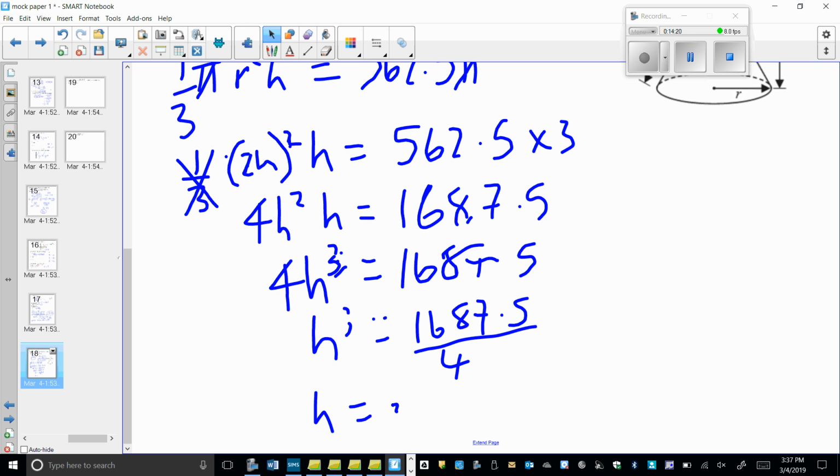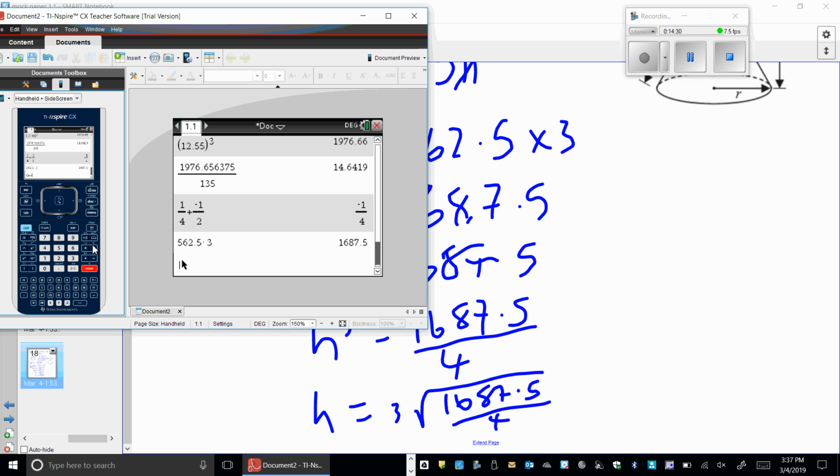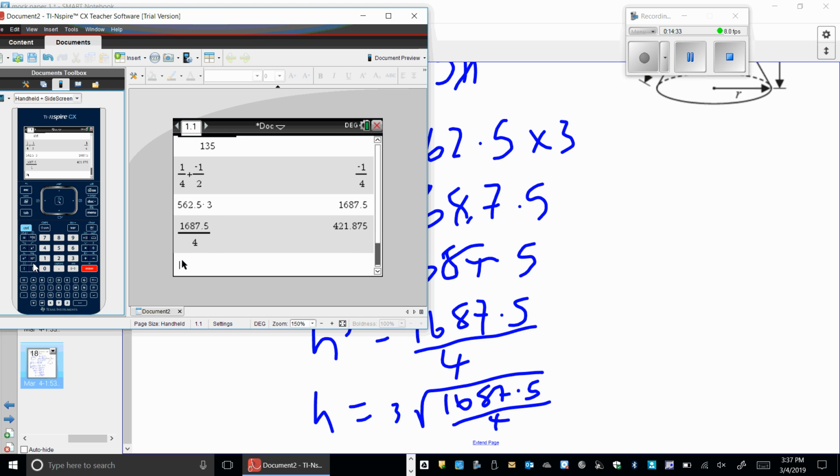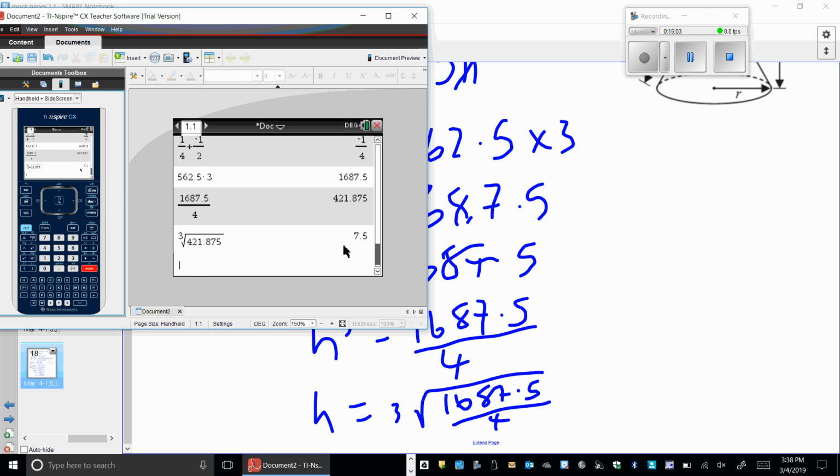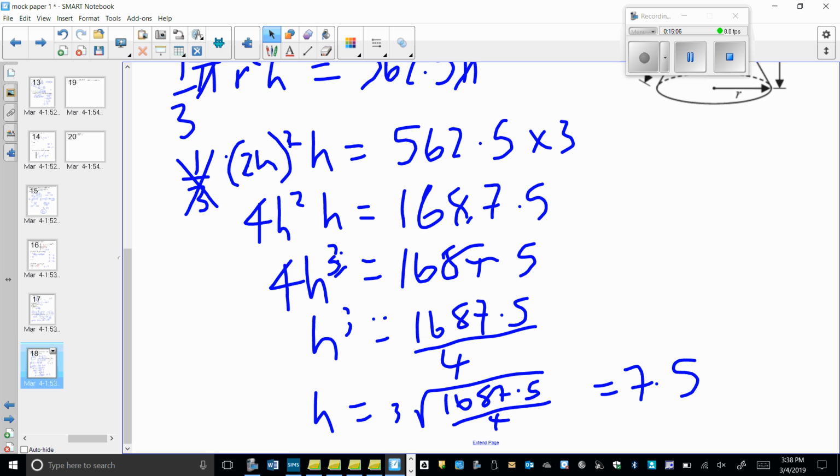So h is the cube root of that. Okay, so h is 7.5.